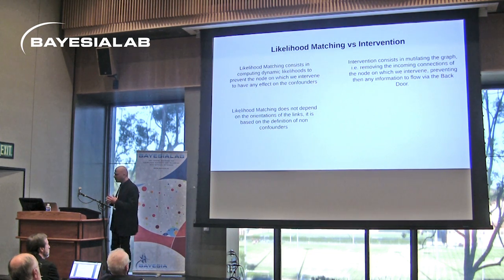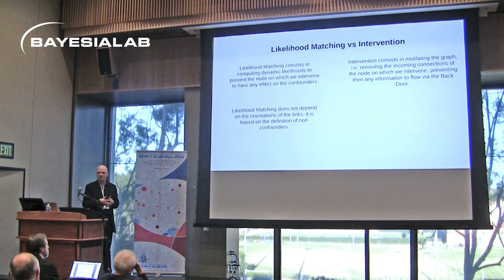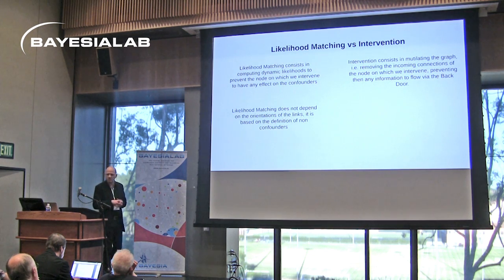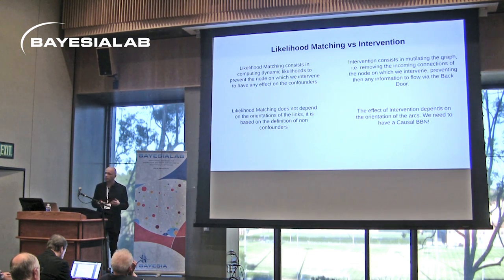So likelihood matching has one advantage with respect to intervention. This is that we don't really need to have a causal graph. We don't care about the direction of the links. If I have some time, I will show you an example. But any direction will work, right? Whereas with the intervention, as I said, we are mutilating the graph in order to implement the backdoor criteria.